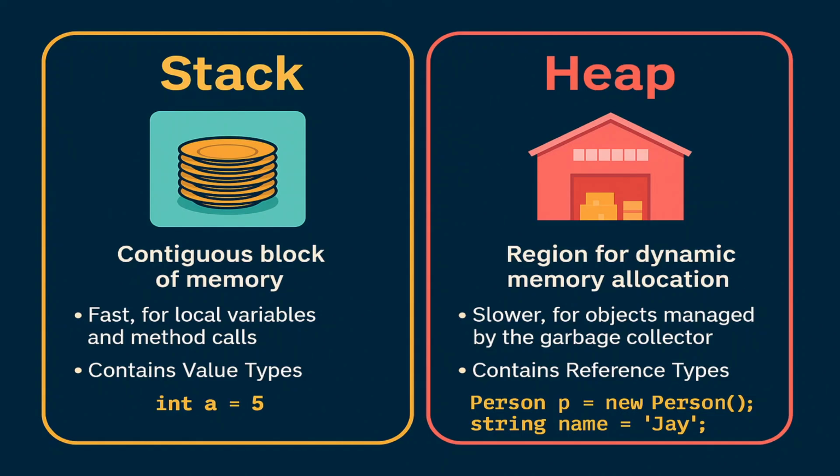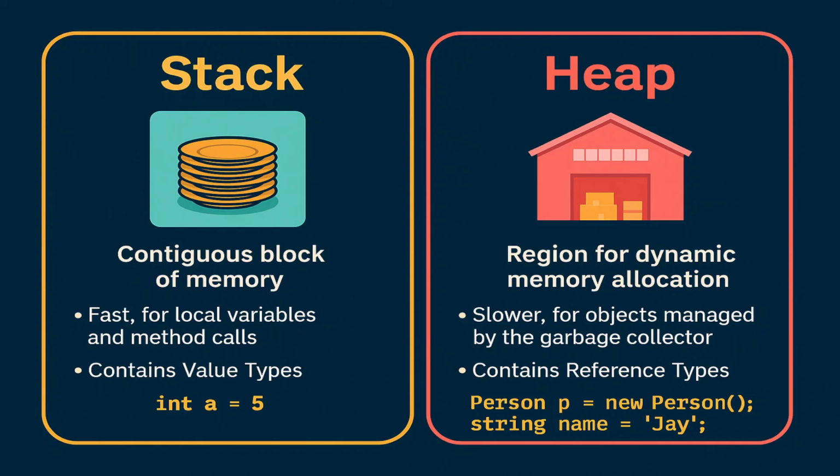When the runtime allocates memory, it already knows exactly where to store your data, and from where to pop out and reclaim the data. That is why the overhead is not much, and therefore it's very fast. The stack mainly gets used for local variables and method calls, and this is where your value type data gets stored.